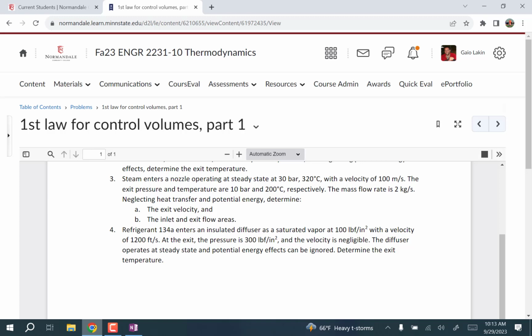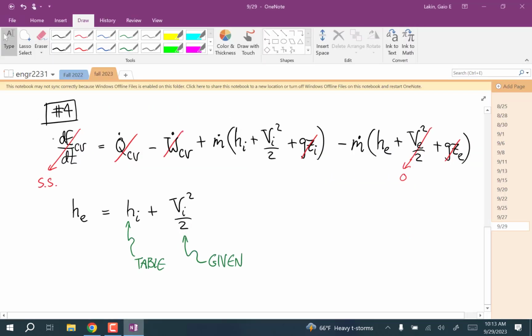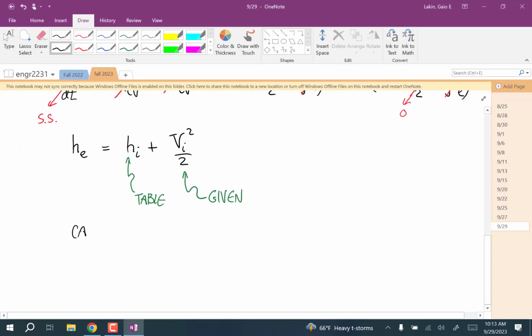We have the pressure. So if you calculate enthalpy at the exit, we know the pressure at the exit. And again, you're going to do sort of this reverse lookup thing where you're looking for an enthalpy and seeing what temperature that matches up with. Okay.